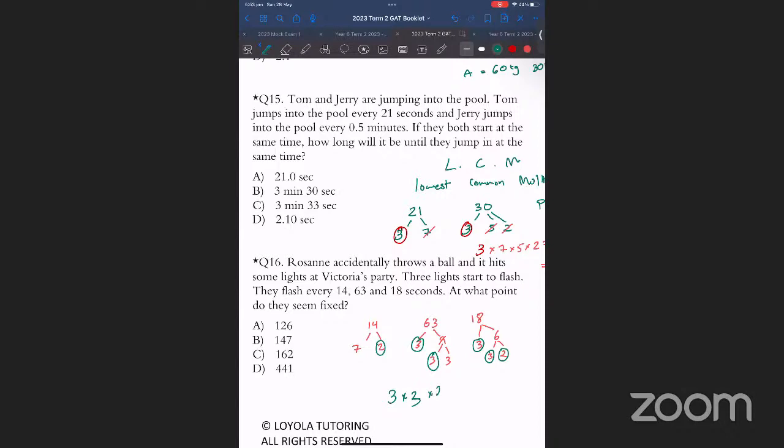So we include it once. Now we start crossing them out. 7, we cross it out. We put down 7. 3, we cross it out and we put down 3. And that's it. So let's find out. 3 times 3 is 9. 9 times 2 is 18. And we have here multiplied by 21.